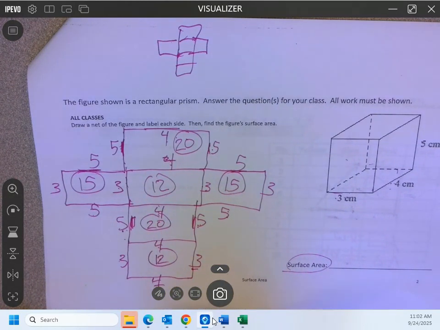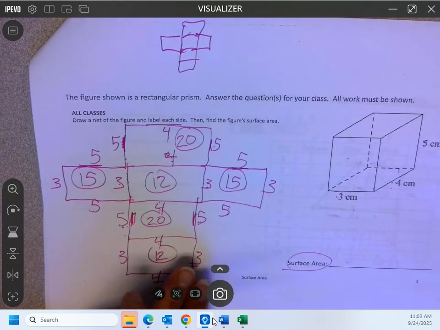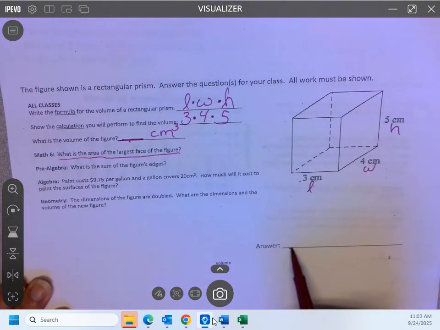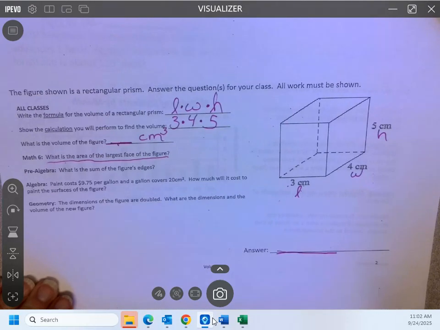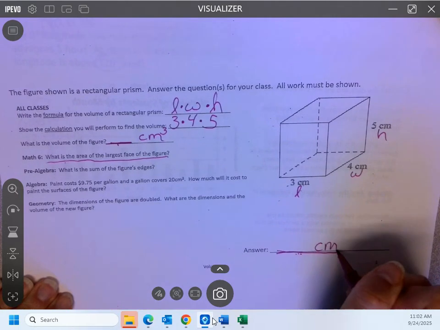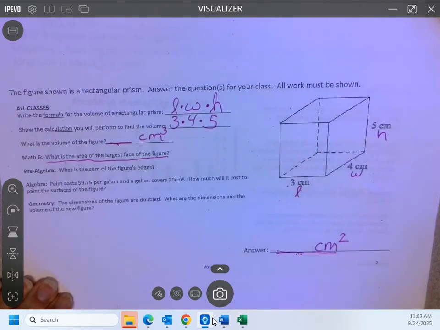Figure out which side had the biggest area. You're going to put that answer down here. So the biggest area, we already figured it out on the page before. So write the biggest area here. That answer, because it's a side times a side, centimeter times centimeter, our measurement will be centimeters squared.